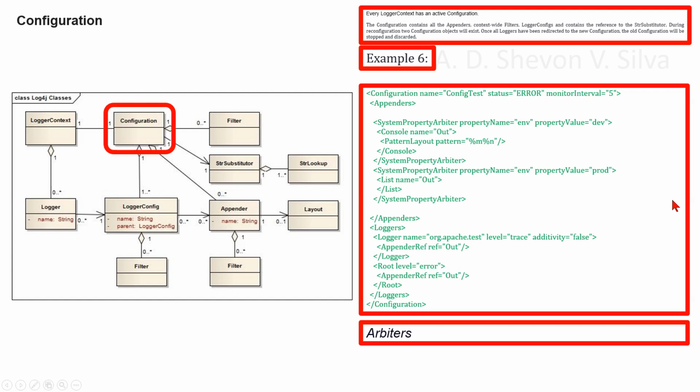Another option is to include arbiters in the configuration. An arbiter is a Log4j plugin that has the job of determining whether other configuration elements should be included in a generated configuration.